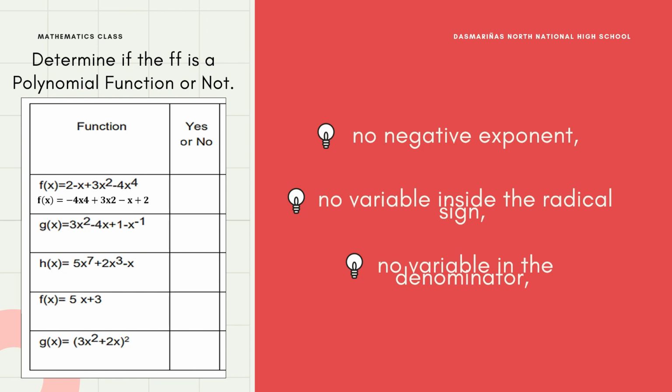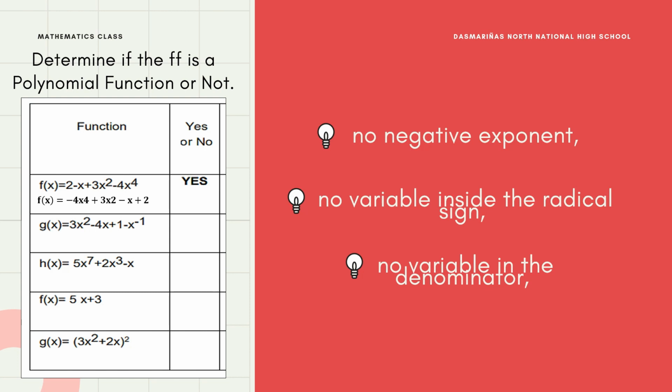Therefore, the standard form is equal to negative 4x raised to 4 plus 3x squared minus x plus 2. And as you can see, the equation is a polynomial function because it has no negative exponent, no variable inside the radical sign, and no variable in the denominator.